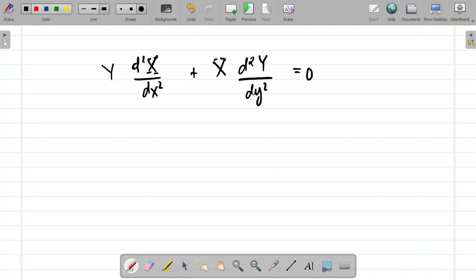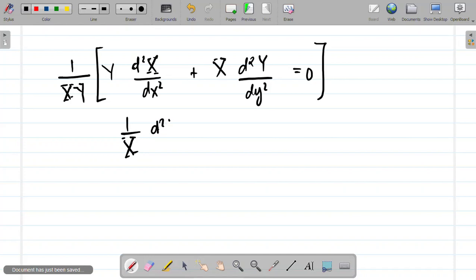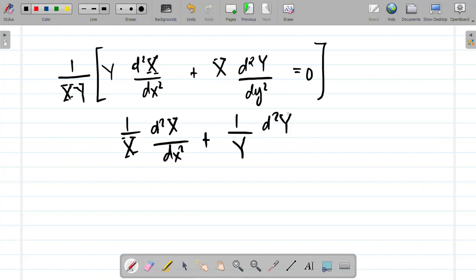So now class, what we'll do is, divide natin both sides by X, Y. So let's divide them by big X, big Y. So we will get 1 over X d squared X over dx squared plus 1 over Y d squared Y over dy squared equals 0.